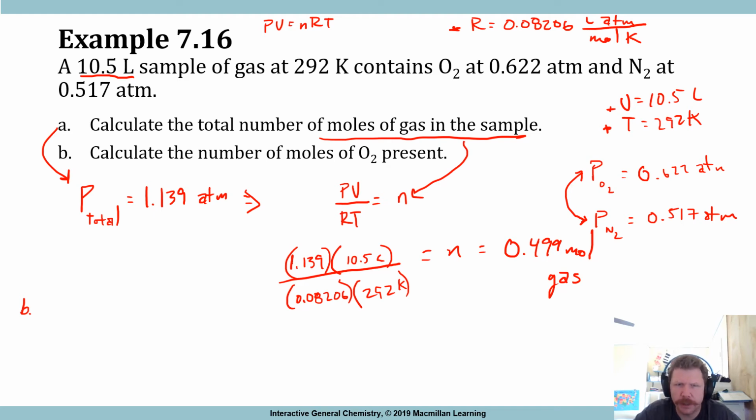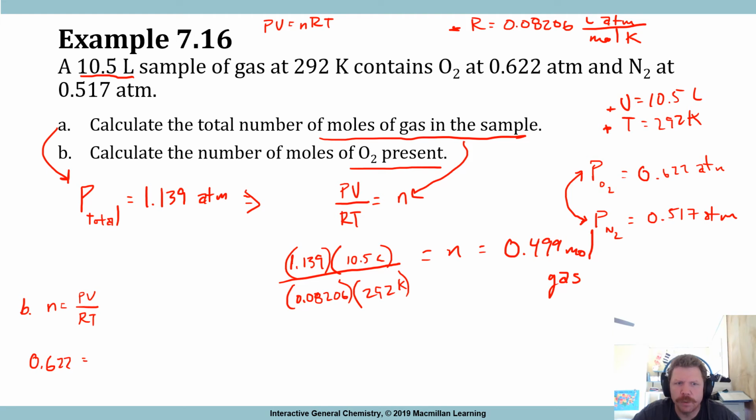So this is calculate the number of moles of O2 present. Well, what we can do is we can just take the partial pressure, or the pressure of O2, and I'm going to write this, N equals PV over RT.